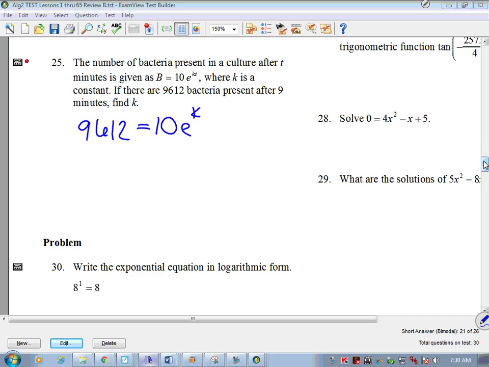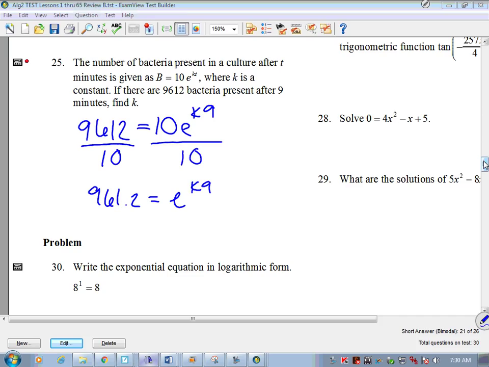All right, the first thing I'm going to do is divide by 10, because we're going to try to isolate k. So 9,612 divided by 10 is 961.2 equals e to the k to the ninth.